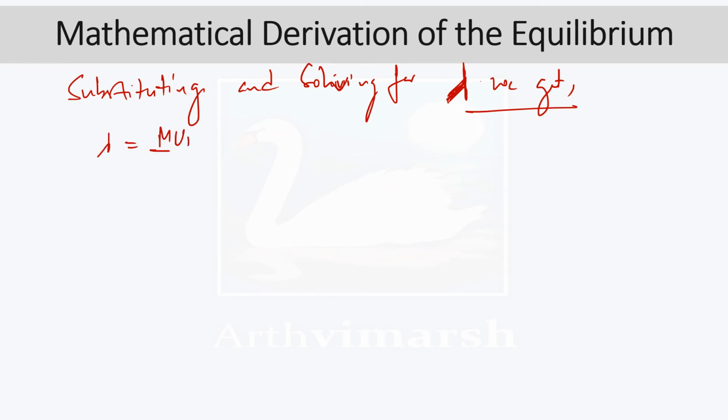Marginal utility upon the price for commodity 1, because you know that mu1 was equal to the ratio of del u upon del q1. This is what we had in the previous expression.